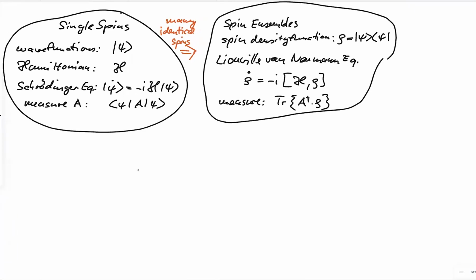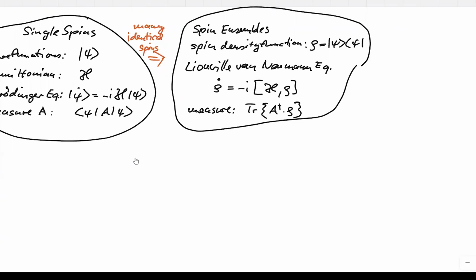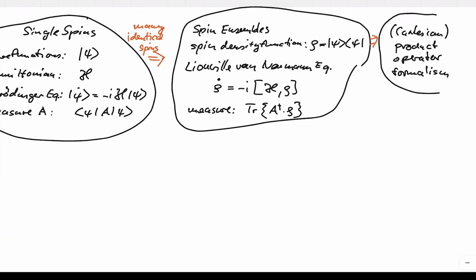And so this spin density formalism has now also developed, as a side product, two very useful formalisms. One is the so-called Cartesian product operator formalism. This formalism is used today to derive most complicated NMR experiments.